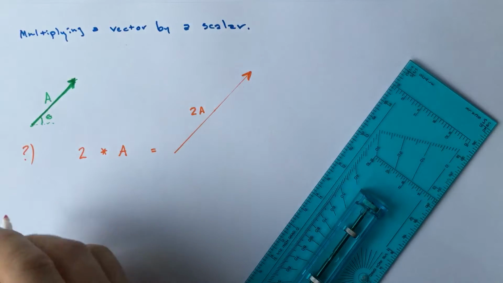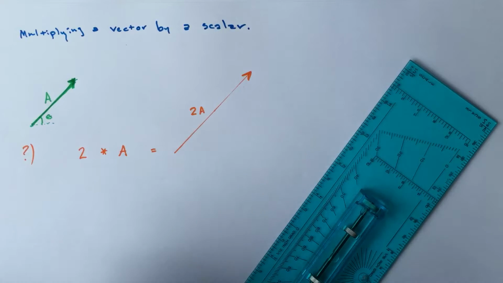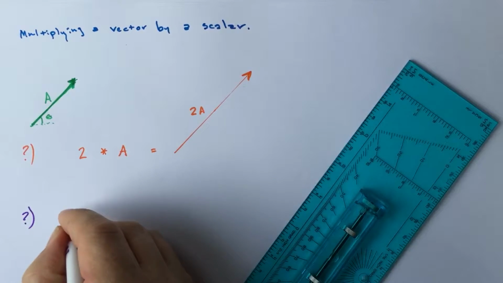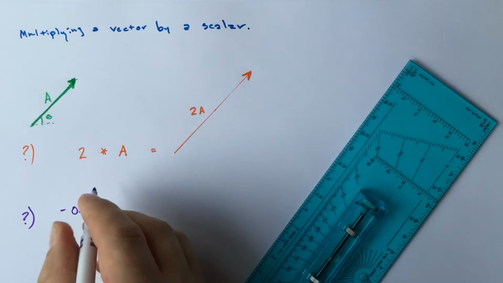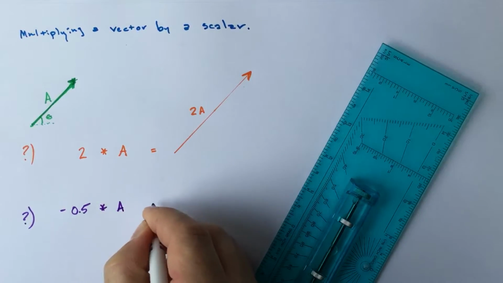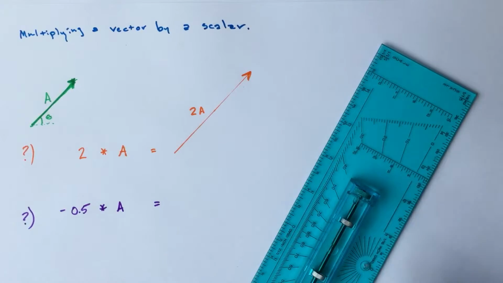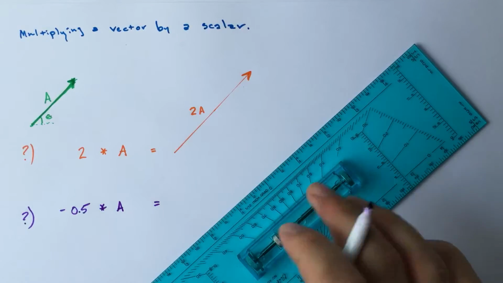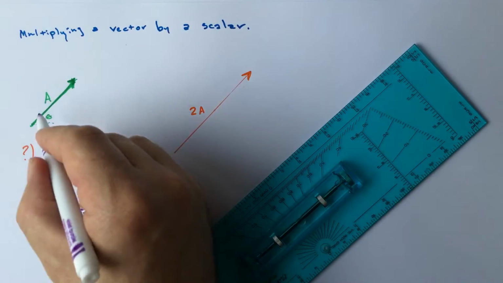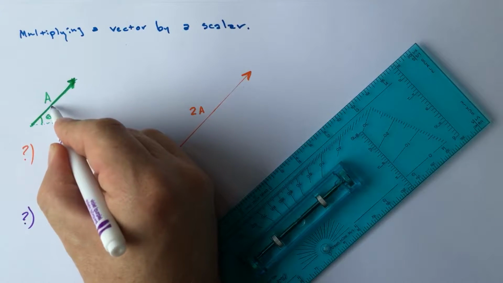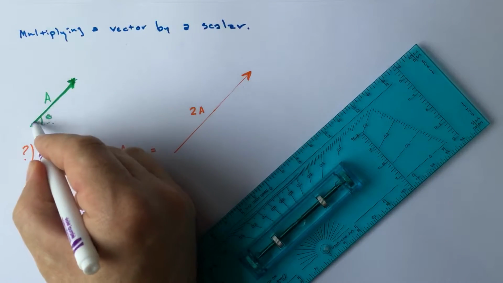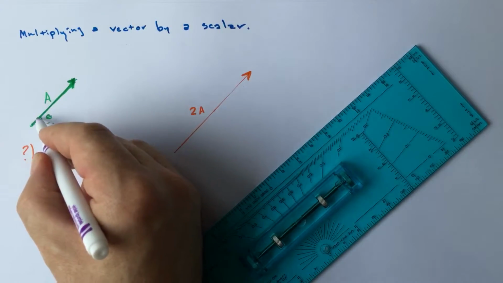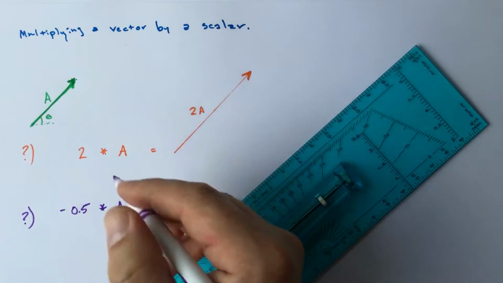How about another question for you. What is negative 1/2 times A equal to? Well, it makes sense that 1/2 times A would be a vector headed up this way that would be half this long. Negative 1/2, maybe that makes sense as well: instead of going this direction, it would go exactly the opposite direction.